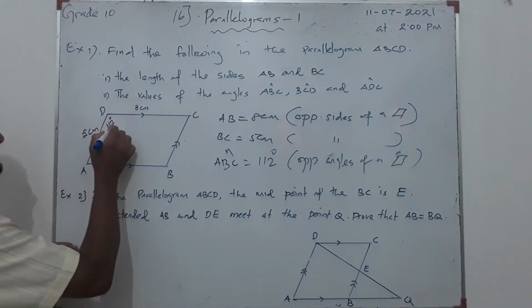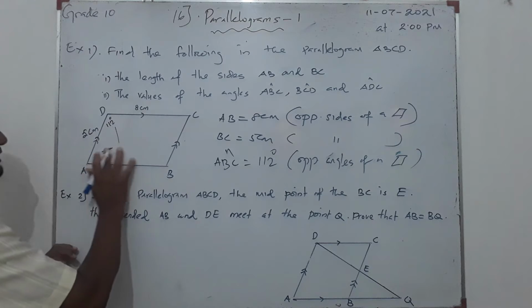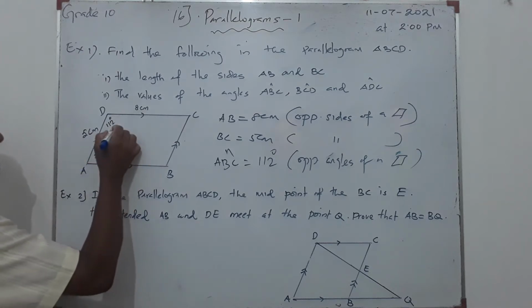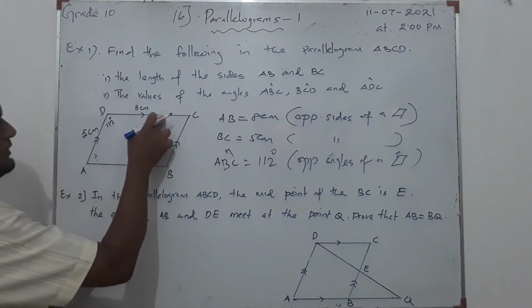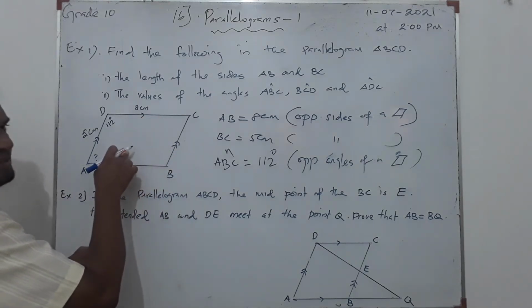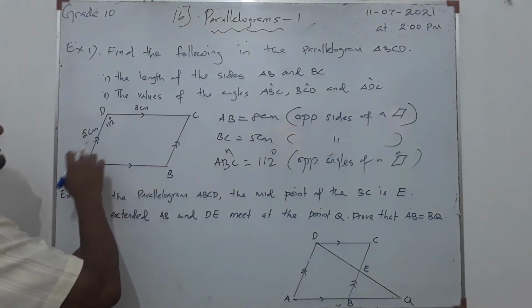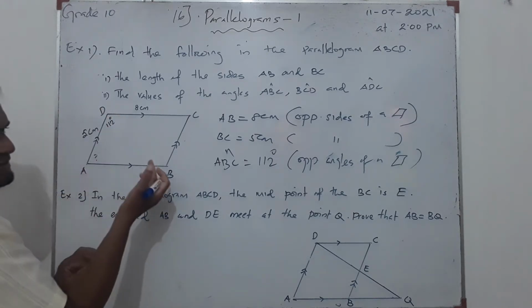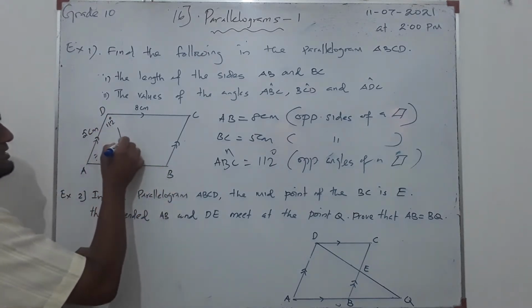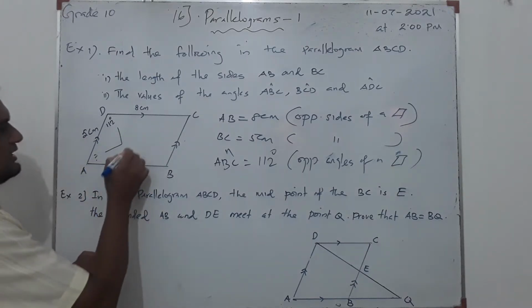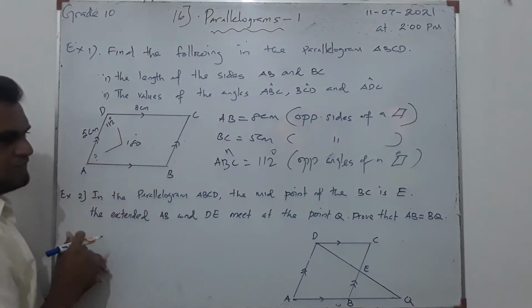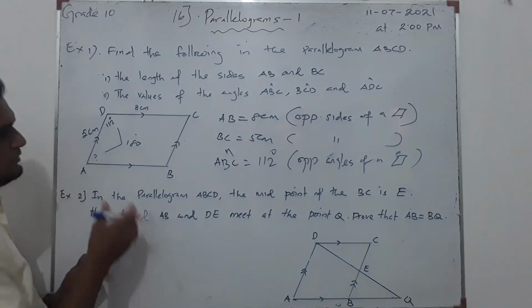Allied angles, these pair of two angles are called allied angles, right? When two parallel straight lines are intersected by a transversal, these two pairs of angles are called allied angles, that is equal to 180 degree, or supplementary angles, okay?